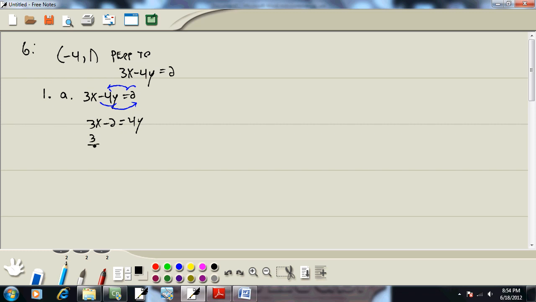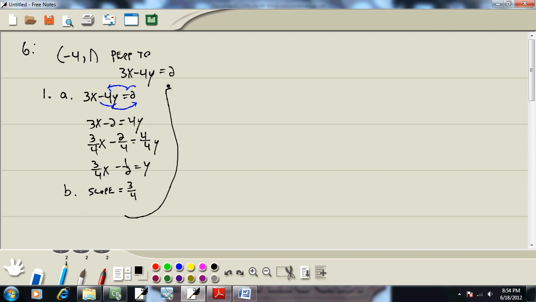And then I'll divide everything by the number in front of the y, which is 4. So we've got 3/4 x minus 2/4 equals y, which gives us 3/4 x minus 1/2 equals y. Then b was to identify our slope. If you've got it in slope-intercept form, your slope is whatever's before your x. So slope would be 3/4.